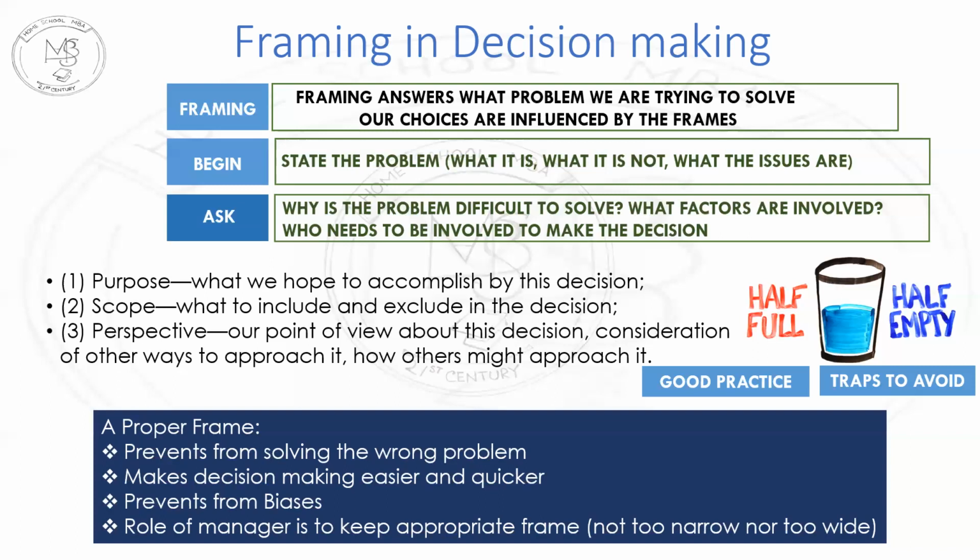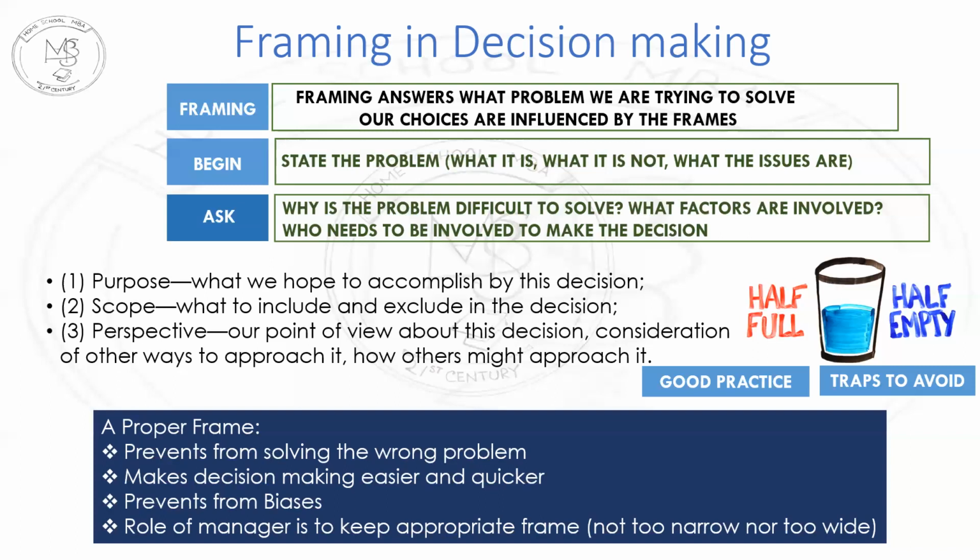Prevents from biases. Now, personal biases. Now, the bias here relates again to, let's say, half full or half empty. Those who call it half full, they are optimistic, and those who call it half empty, they are pessimistic.